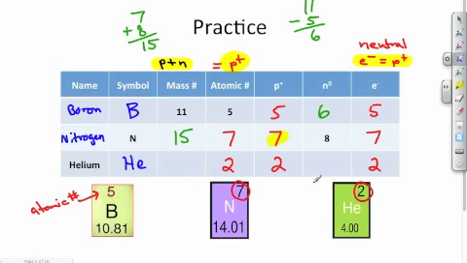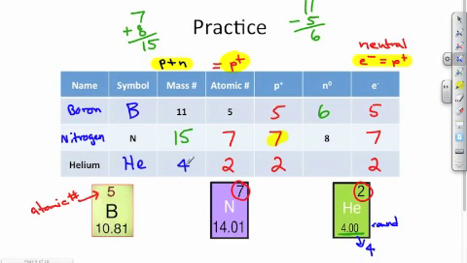But remember, if you ever get into a situation where you don't know the mass number and you don't know the number of neutrons, simply look at the atomic mass for the element, in this case for helium 4.00, and round that to the nearest whole number. So 4.00 rounded to the nearest whole number is simply going to become 4. So we're going to use that as our mass number.